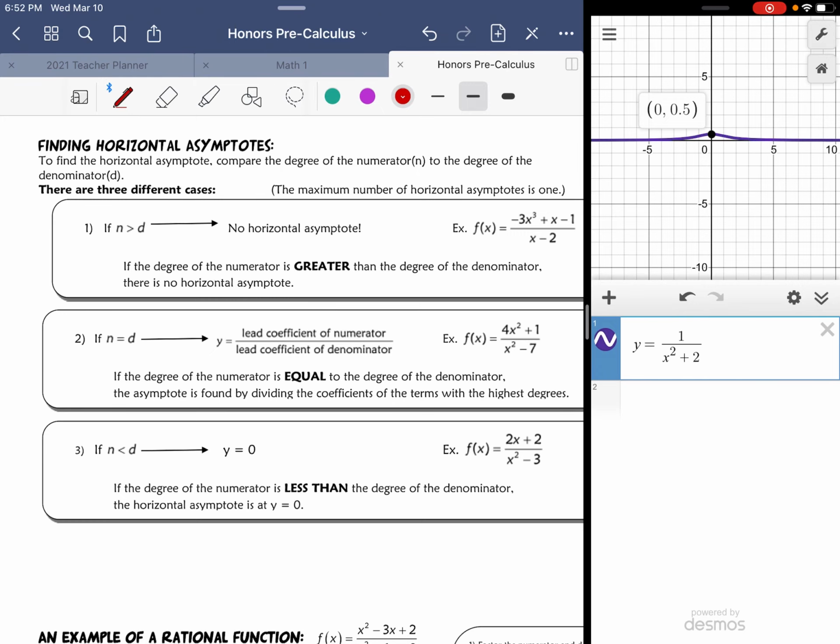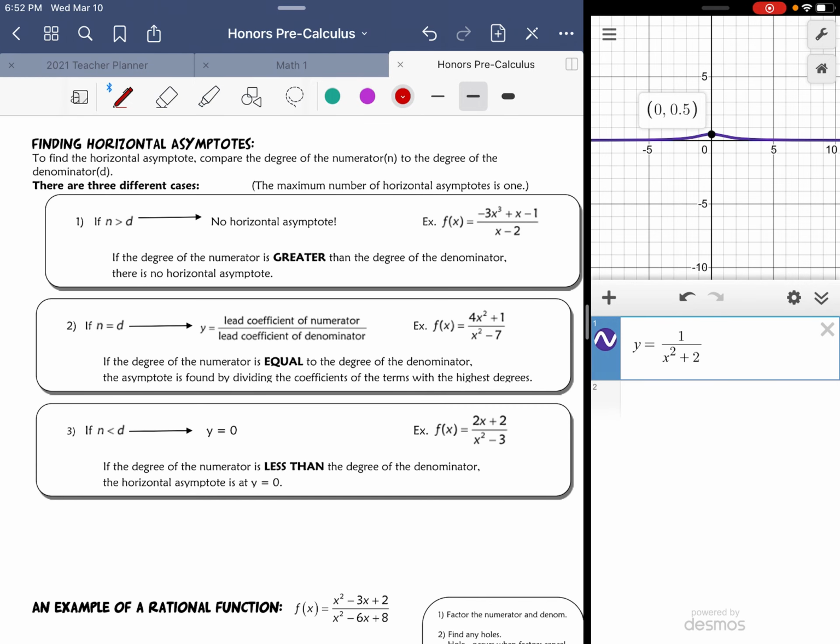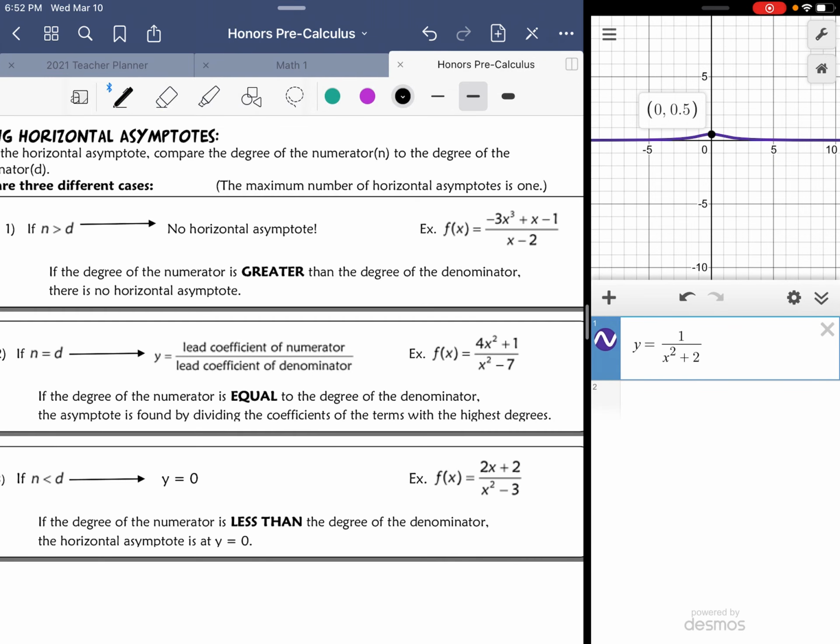So the horizontal asymptote really is just a set of rules. The set of rules says that if the degree of the numerator, so the degree is the largest exponent, so when I'm looking at this example right here, my degree is going to be 3, compared to the degree of the denominator, which is going to be 1 because there's just an x.